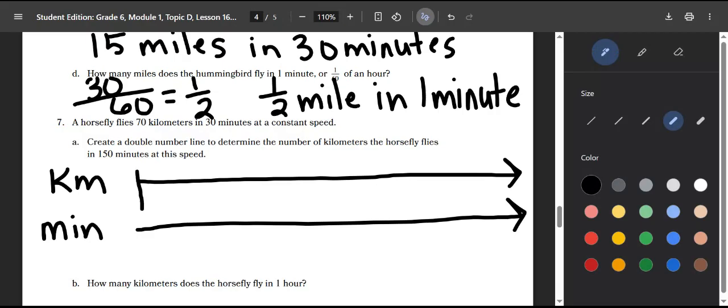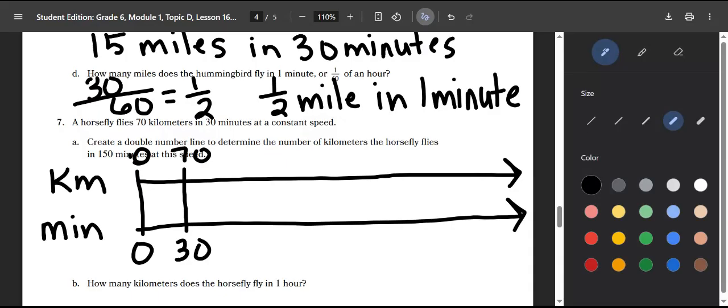It's a double number line, so we always start with 0 kilometers and 0 minutes. It says 70 kilometers in 30 minutes, so we'll do 70 here and 30 here. Since it's a double number line, we can go in consecutive order.